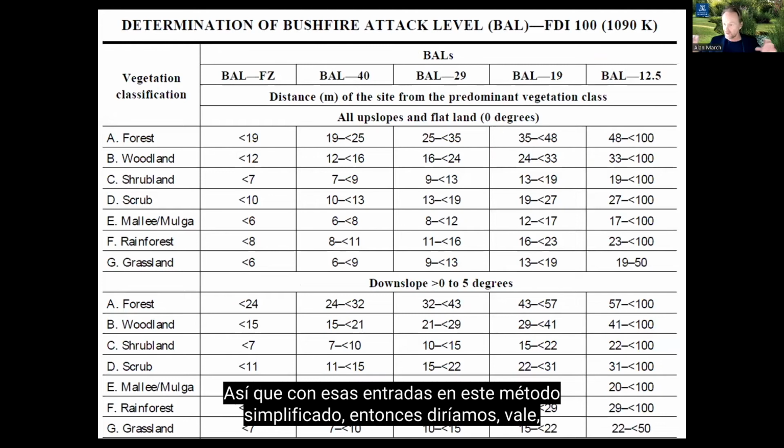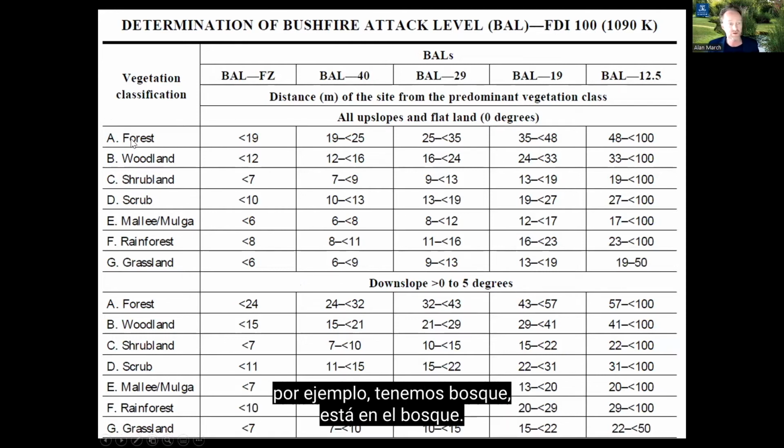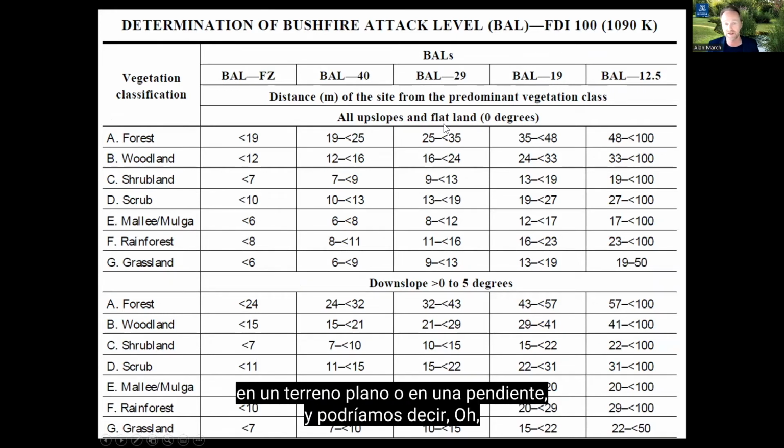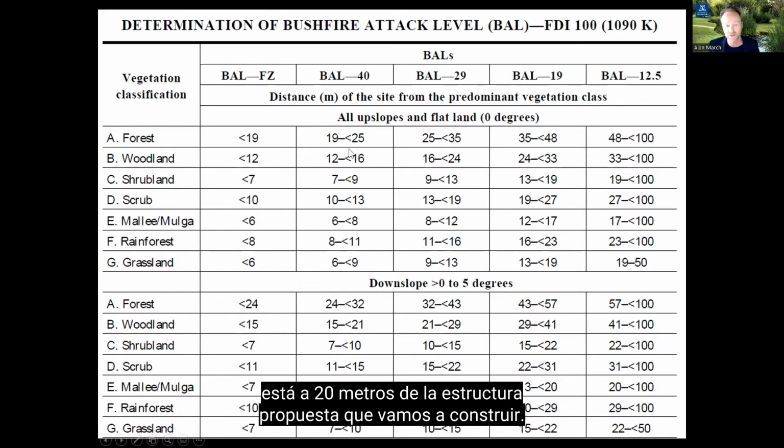So then with those inputs in this simplified method, we would say, okay, for example, we've got forest. The forest we're classifying in that particular instance is on flat land or an upslope. And we might say, oh, it's 20 meters from the proposed structure we're going to build.